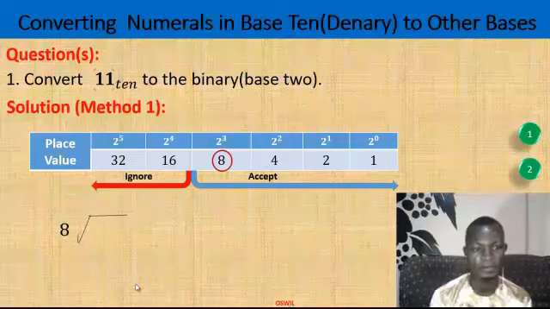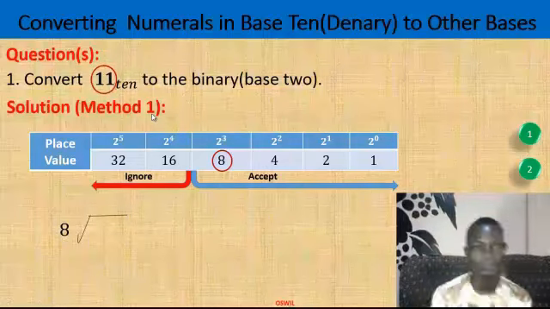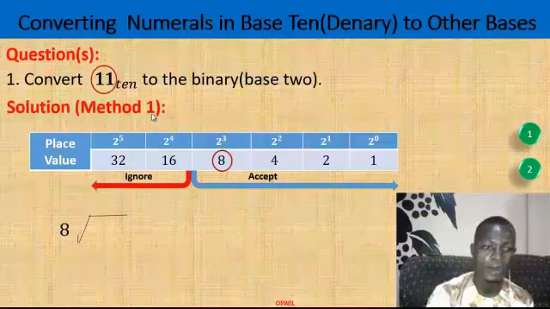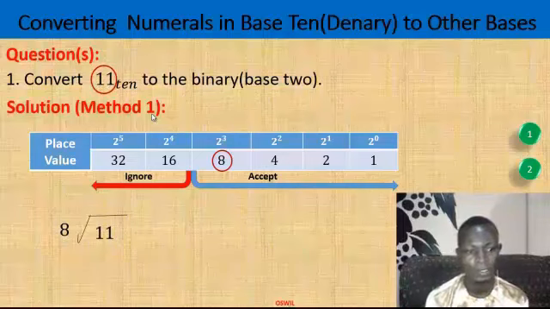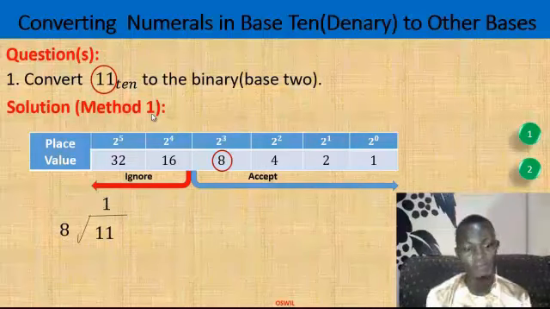Then, our numeral to be converted, as you see on the screen, is 11 base 10. We write that inside the root. So, by long division, 11 divided by 8 gives us 1.